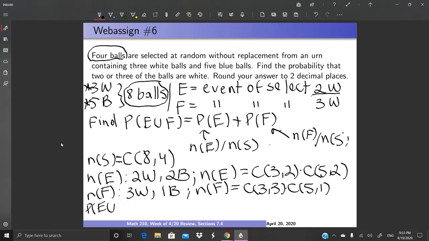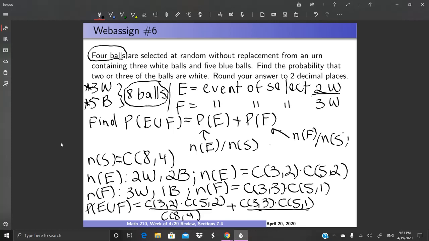So finally, the probability of E or F, that's supposed to be an F, not an R. The probability of E or F is going to be equal to the probability of E plus the probability of F. So we have C(3,2) times C(5,2) divided by C(8,4), that's N of S. That's the probability of E, plus the probability of F, which is C(3,3) times C(5,1) divided by C(8,4).